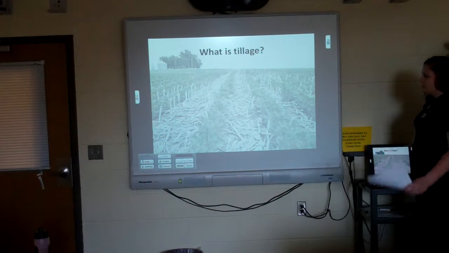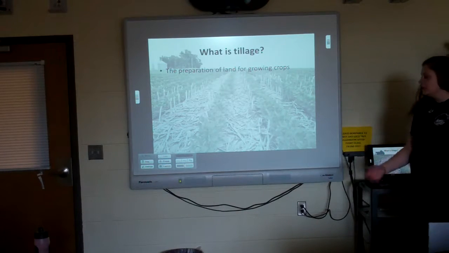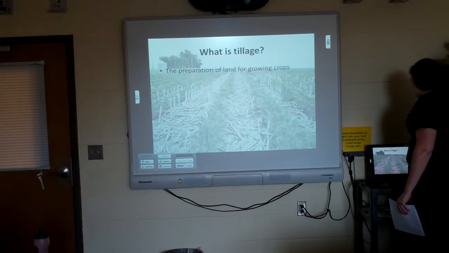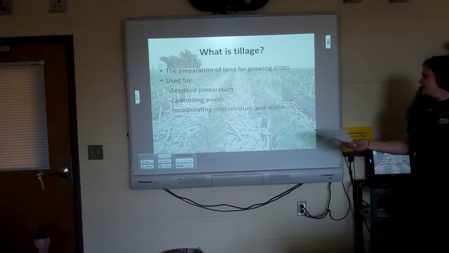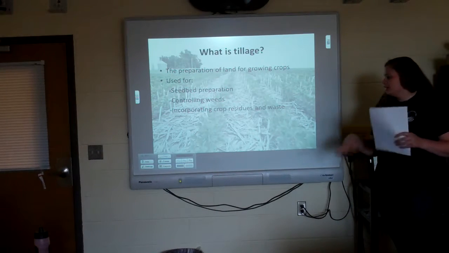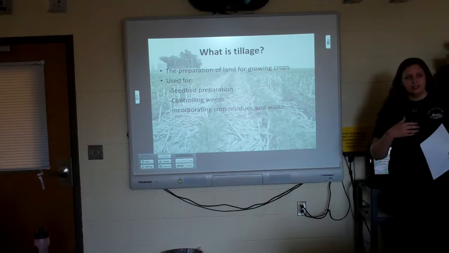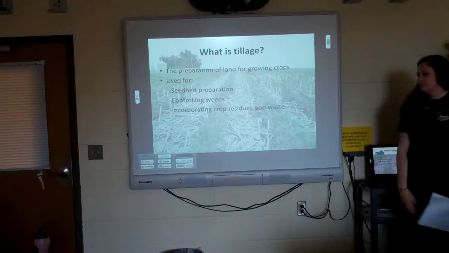So first, what is tillage? It's basically the preparation of land for growing crops. Tillage is used for three main purposes: to prepare a seed bed, to control weeds, and to incorporate crop residues and waste. It prepares a seed bed by chopping up the dirt and giving you a more applicable area to sow your seeds.